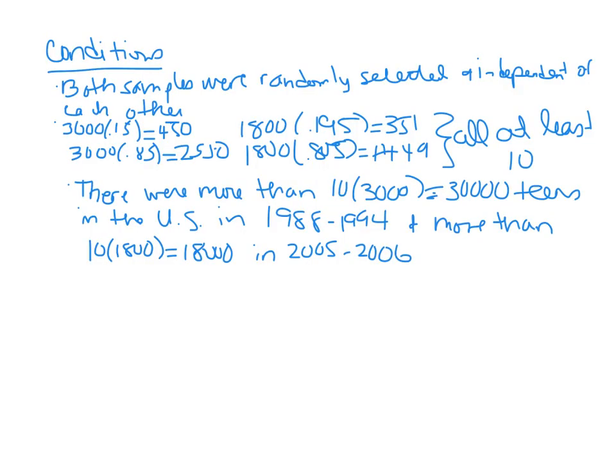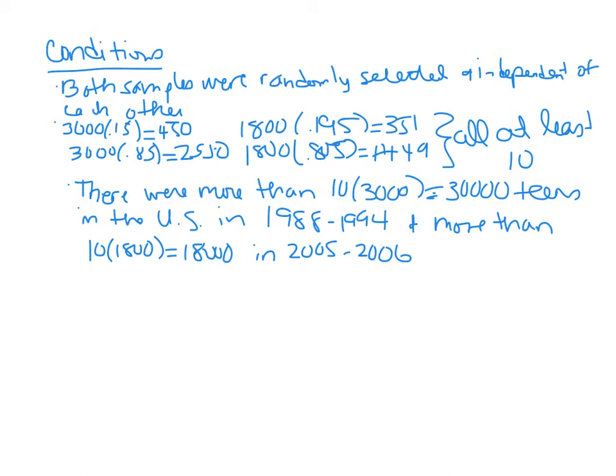Our next step is to check conditions, and you'll notice I wrote them out beforehand because they are a little bit long. You can see that the samples were randomly selected and independent of each other.